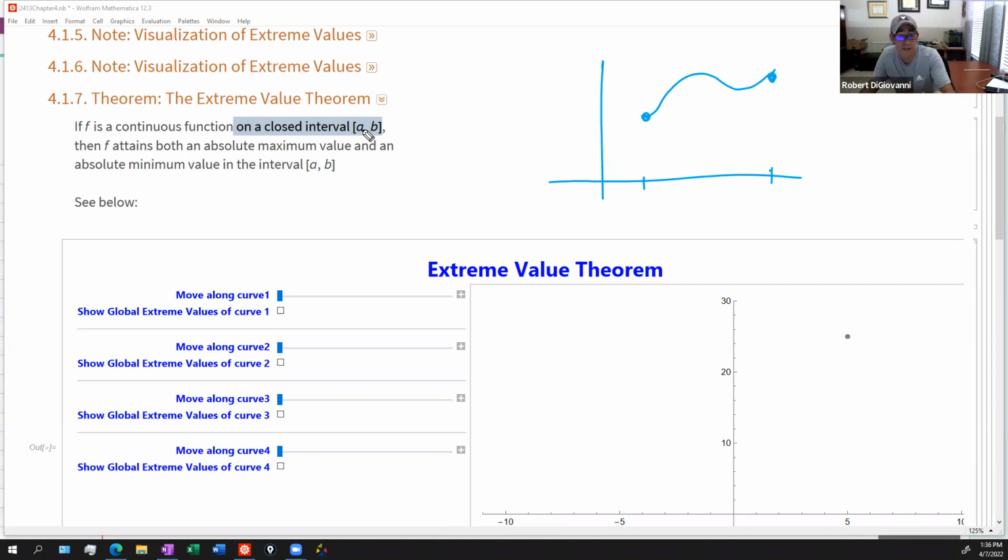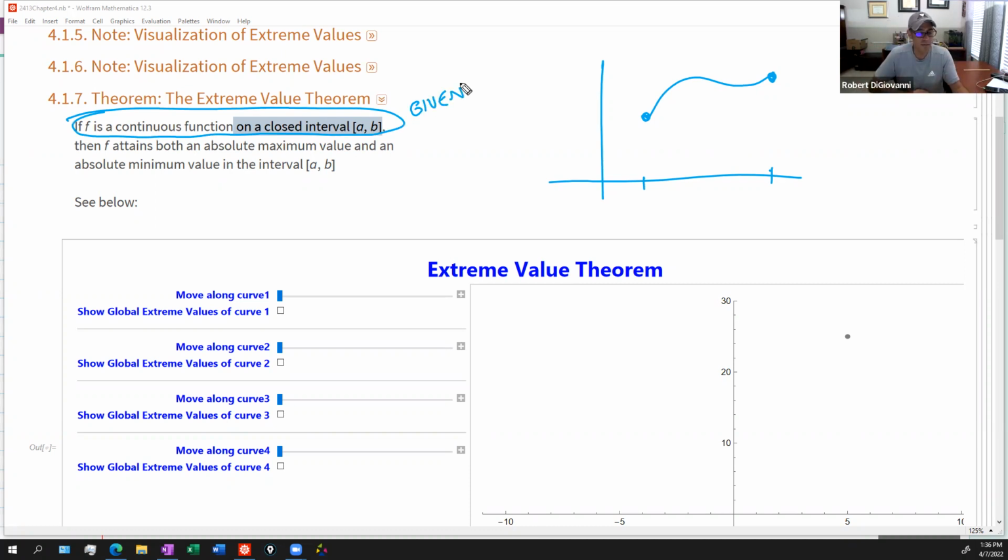Now, remember, it has to be a function. So you can't do any crazy stuff like this because that would fail the vertical line test. As long as you have a function like that between 2 points, then this theorem applies. So this first part is what we're given. If we're given this situation, then here's the conclusion.